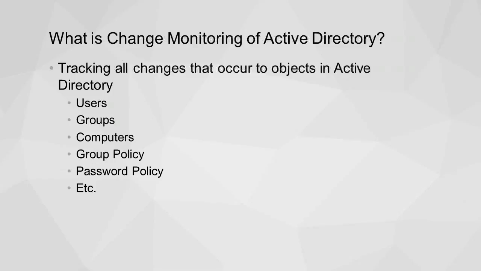We also have DNS, which of course is an integral part of Active Directory. We have all these moving parts around Active Directory, and it's my opinion that we need to have a solution that tracks any change to any Active Directory modification. And why is that important? Well, I think it's obvious.